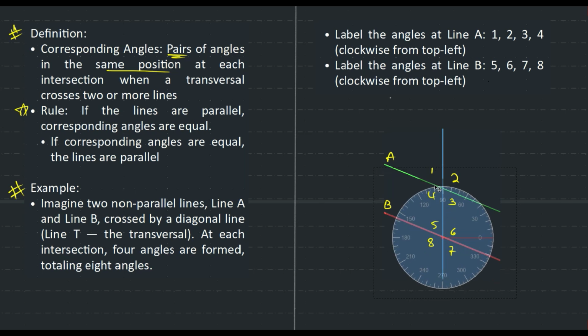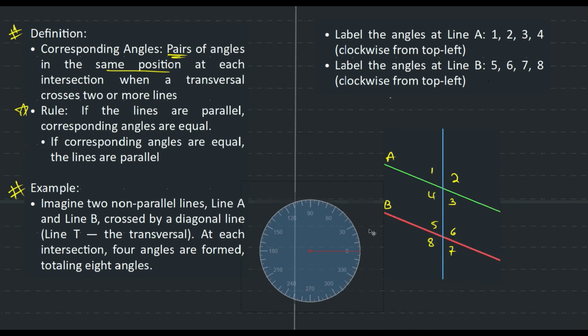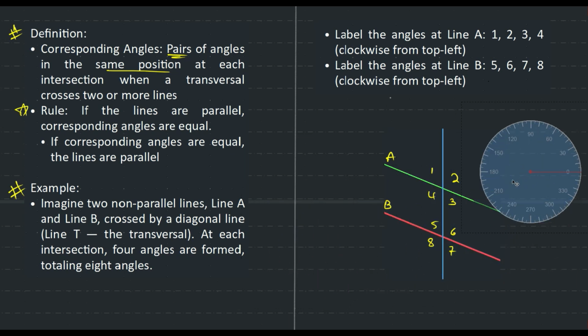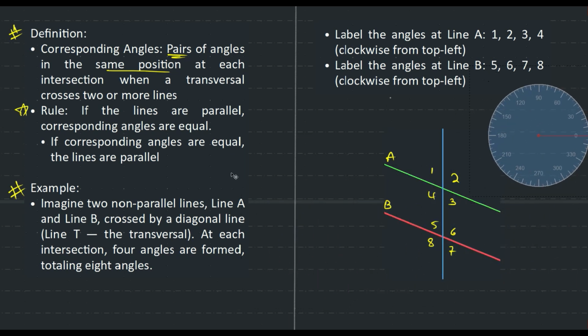This is 10, 20, 30, 40, 50, 60. Again, close to 70. So you can see that 1 and 5 are the same. That's how you'll be able to measure the corresponding angles. Use your protractor, go one by one, and you will be able to get the answer.